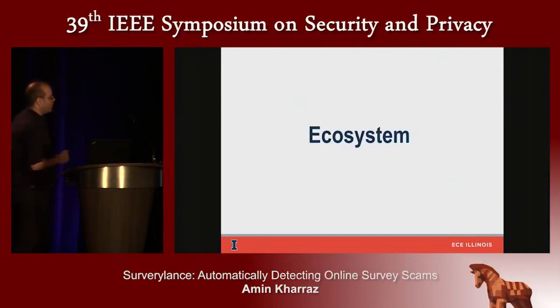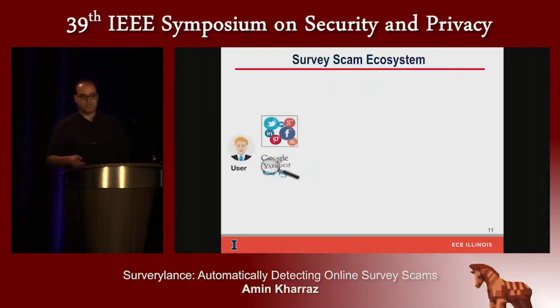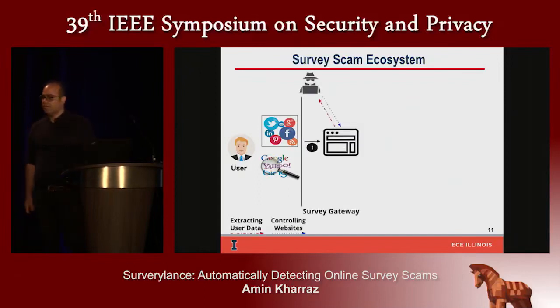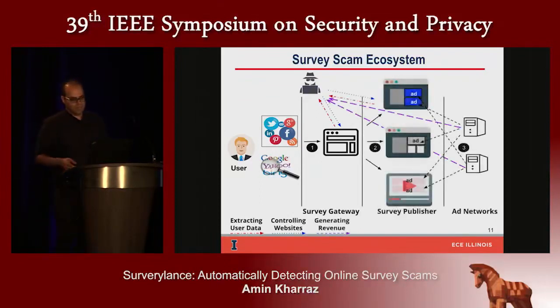So I want to take a moment and formulate the ecosystem based on the examples that I provided. A technically unsophisticated user searching for highly discounted or free materials on the web is redirected to a set of websites controlled by the attackers, through malicious advertisement or by visiting, for example, risky websites.